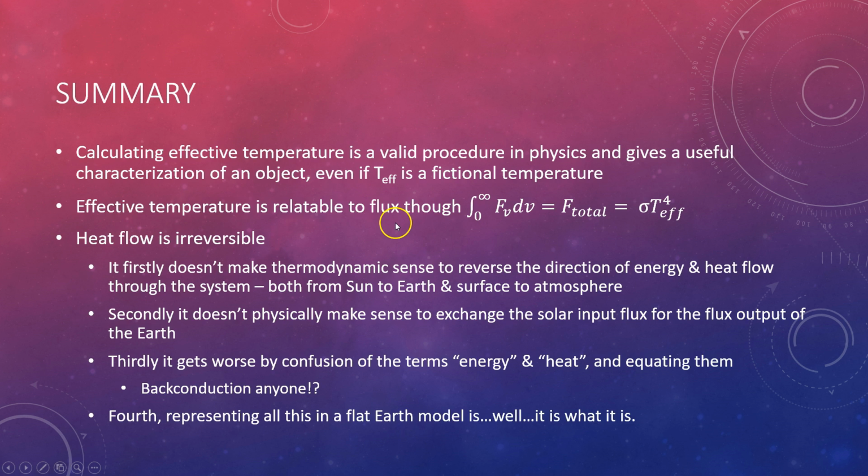Okay, secondly, it doesn't physically make sense to exchange the solar input flux for the flux output of the Earth. Okay, so yeah, you can't conserve fluxes. Fluxes are not a conserved quantity. Thirdly, it gets worse by confusion of the terms energy and heat and equating them. They think that just because a cooler object may emit radiant thermal energy, that therefore that energy has to heat a warmer object or will cause a warmer object to become warmer still.